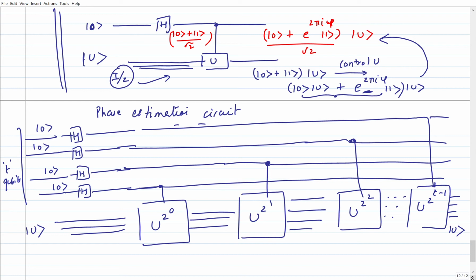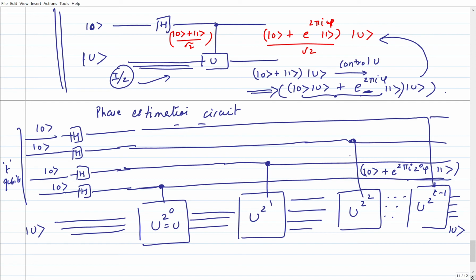So as you can see, what's the state of this qubit after the control unitary has been applied? As we saw over here, the state is 0 plus e to the power of 2 pi i times phi, and 2 to the power of 0 times phi is also phi. Essentially this was nothing but U, and we have already seen what happens to the state over here.